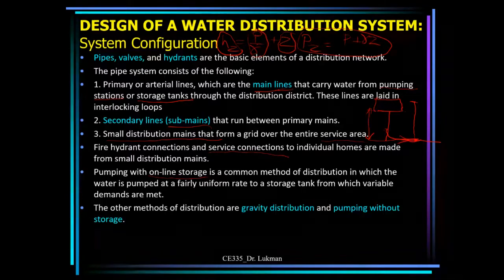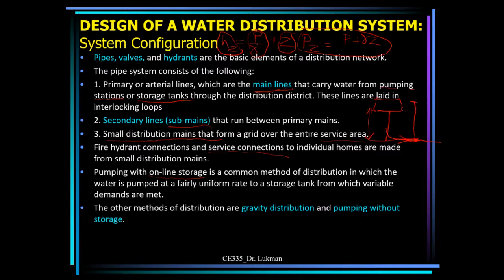It flows by gravity, and then pumping without storage. Sometimes for small towns, the treatment plant may just pump directly into the distribution network without storage. In such a case, the supply area will be divided into different zones.